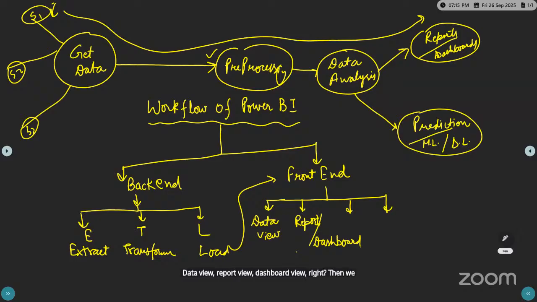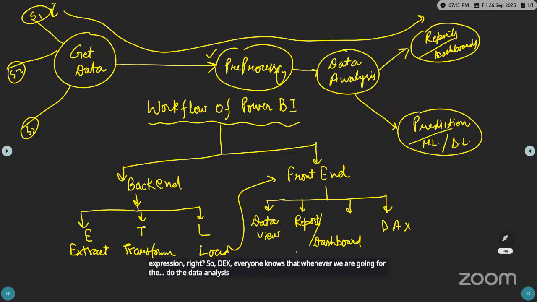Then we have the DAX. DAX is what? Data Analysis Expressions, right? Everyone knows that whenever we go to do data analysis, we need some mathematical formulas. Data analysis expression is the same: we need some mathematical formula that you have to write to get those measures, with the help of these DAX functions.